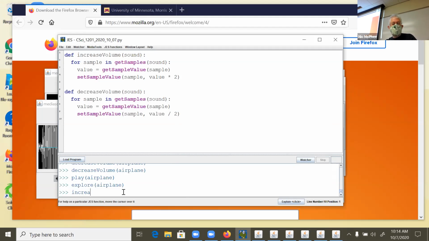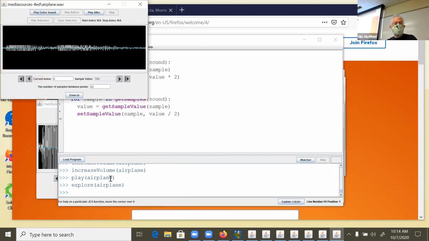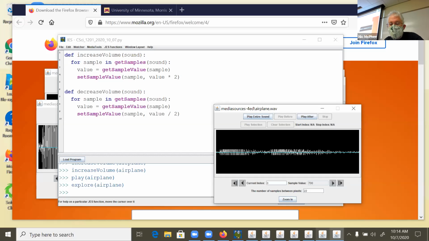If we increase volume a couple of times, let's play it. So it's pretty close to what it had been.